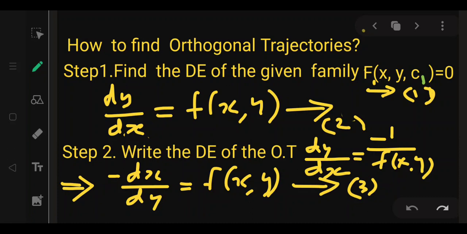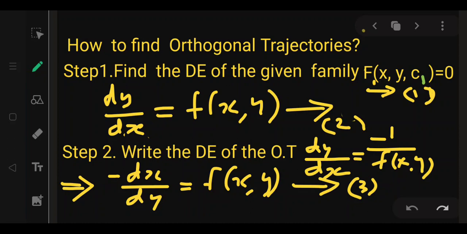Next, the orthogonal trajectory and the given family have a connection. What is the relation? The slopes of the differential equations of the orthogonal trajectory and the given family have product equal to -1, since they are perpendicular, they are orthogonal.